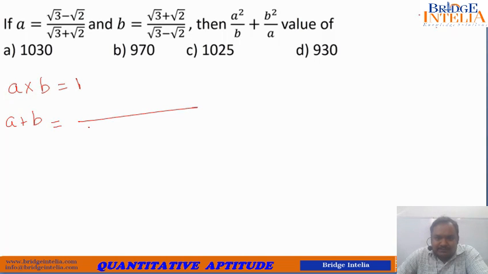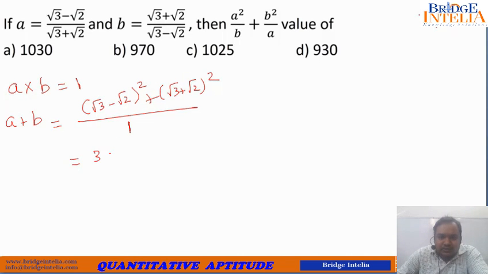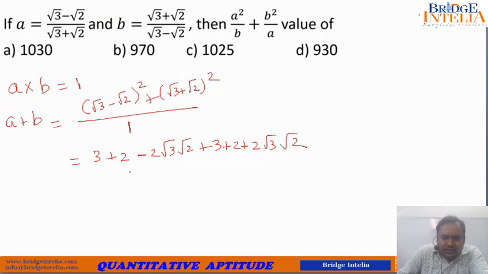If you solve this, the denominator will get rationalized and the numerator would become root 3 minus root 2 whole square plus root 3 plus root 2 whole square. So a plus b would come out to be 3 plus 2 minus 2 into root 3 root 2 plus 3 plus 2 plus 2 into root 3 root 2, whole divided by 1. So this gets cancelled. So 5 plus 5, 10. So a plus b is equal to 10 and ab is equal to 1.